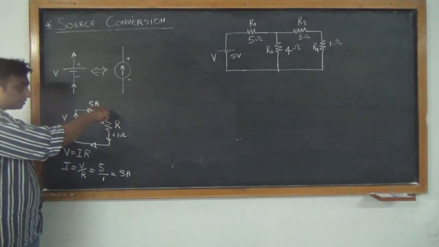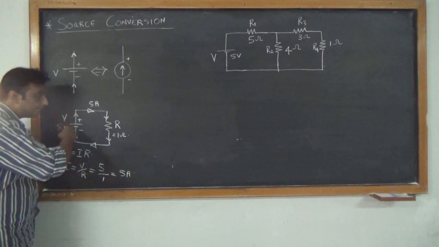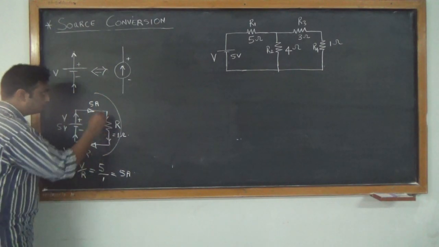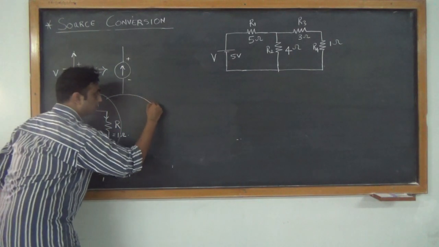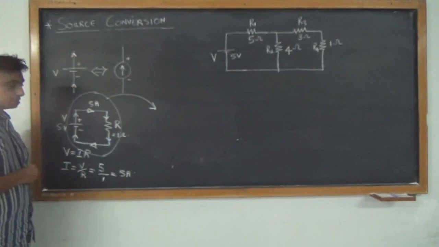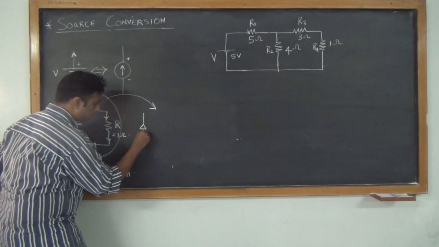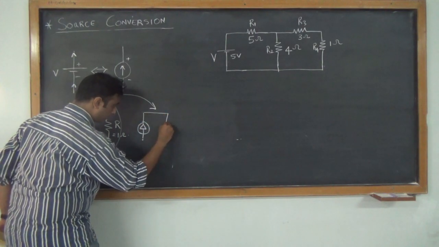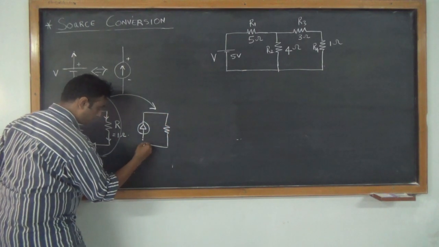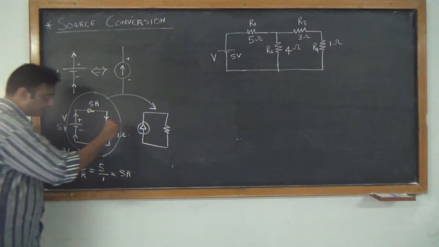But since there is only one resistor involved here, I can directly replace this whole circuit from a voltage source to a current source as well. How much was the current? 5 amps.